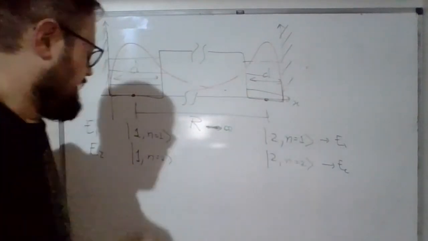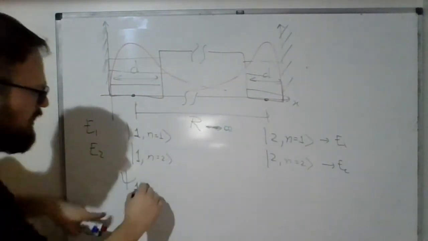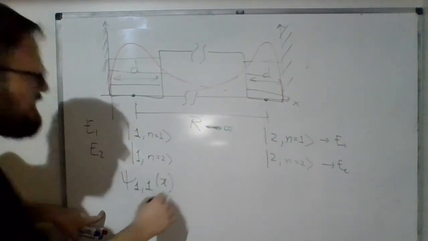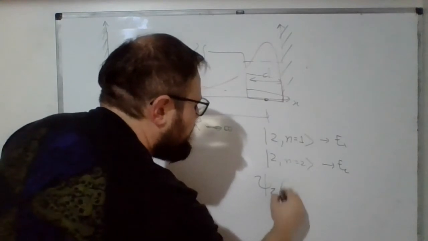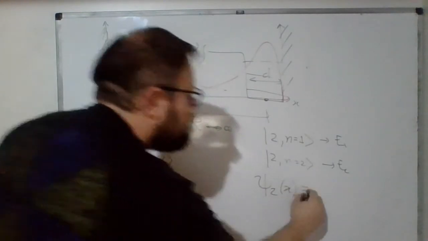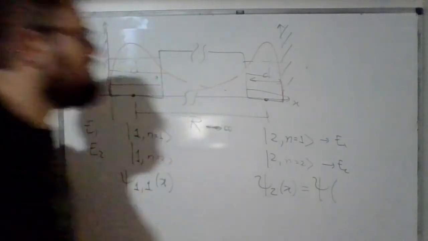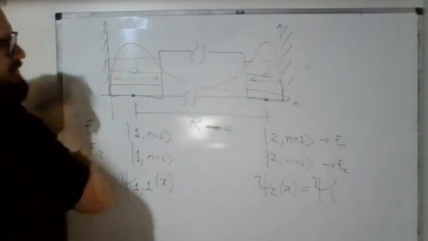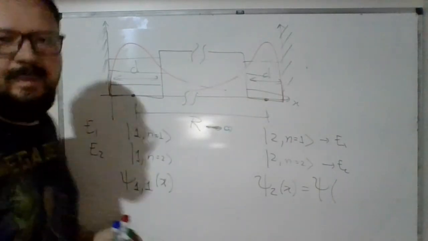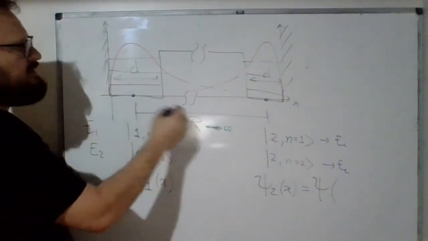So if you have the function of box 1, level 1 as a function of x, how can you find out the function for box 2? Okay, this is just a reflection. So if you symmetrize, you can just translate the whole problem.